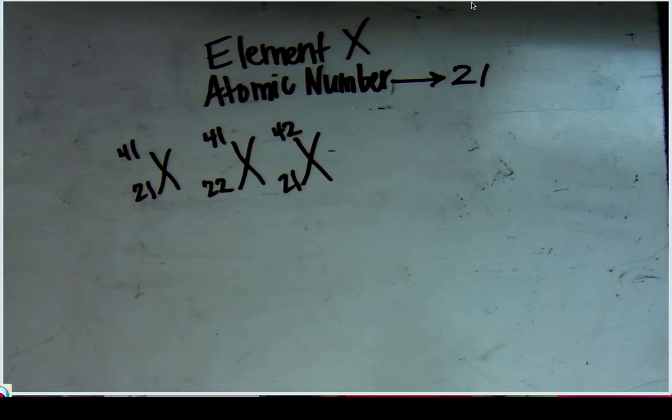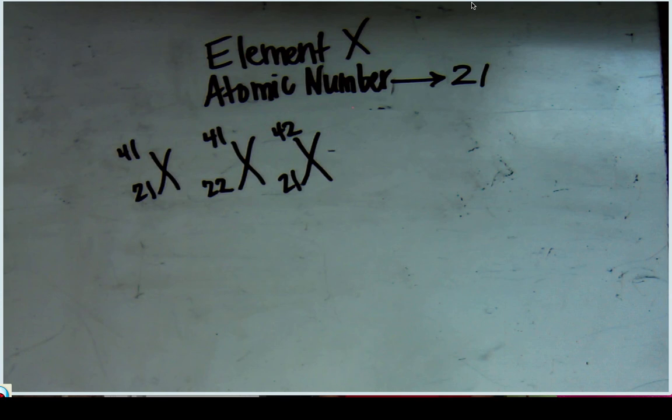All right, so I want to make sure you know how to distinguish between isotopes. Right here I have a made-up element. It is element X that has an atomic number of 21. Remembering from your notes previously, go back and review that isotopes are atoms of the same element that have the same number of protons, but they have a different number of neutrons.